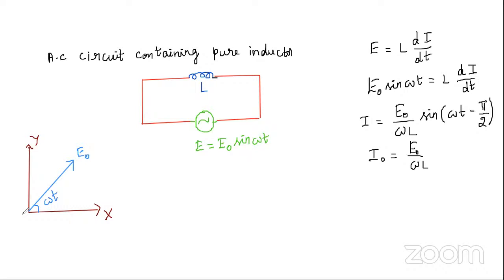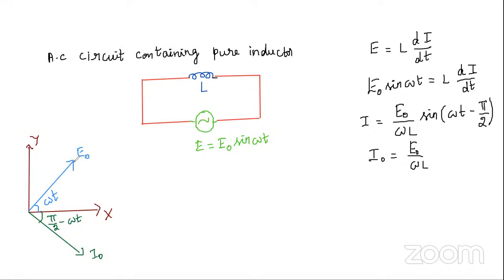Then where is your current? The current is actually lagging behind. That's the important concept here. The current is actually lagging behind. So you can see here, this is I naught, and this is pi by 2 minus omega t.